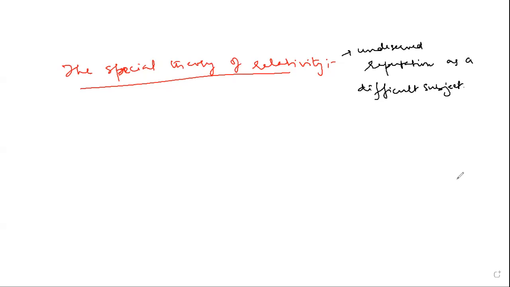That is the uncomfortable thing about the special theory of relativity, that we have to replace our ideas of space and time with new ideas, and those new ideas are against our common sense or experiences, right?